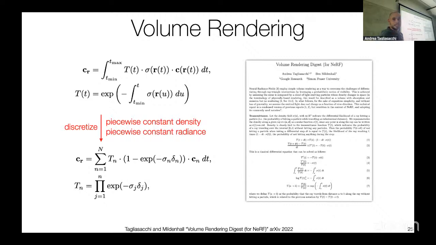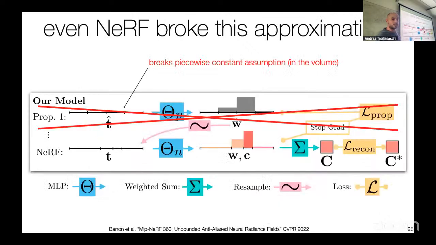In fact, if you think about the proposal network, this is the architecture slide out of mip-NeRF 360, the proposal network of NeRF violates this assumption, and in a very tricky way. Along a ray, the proposal network partitions the domain into segments, as you can see here on the left, within which you assume the radiance and density are constant.